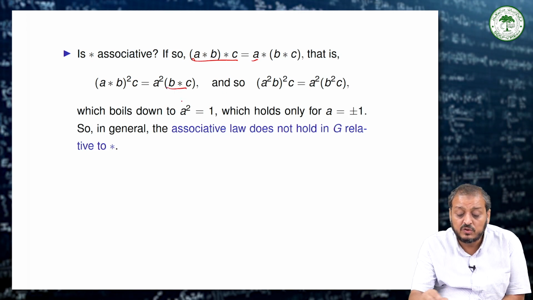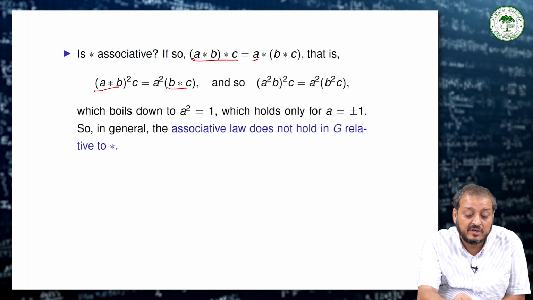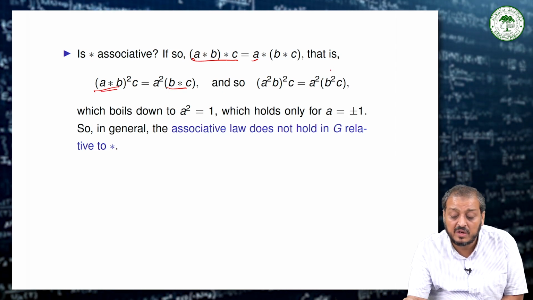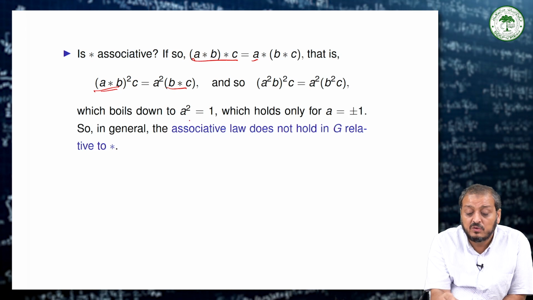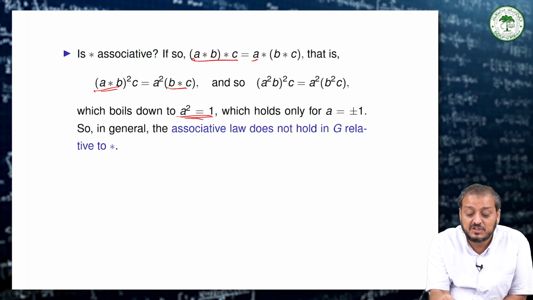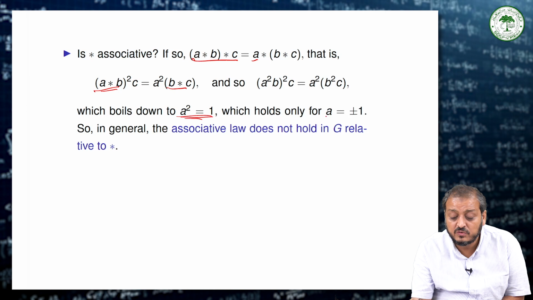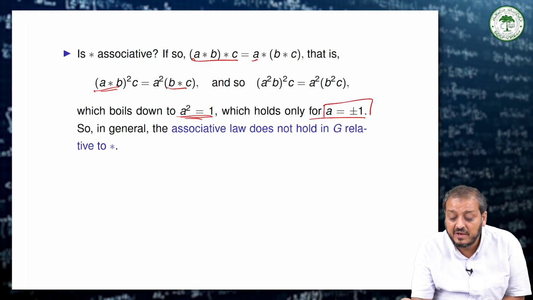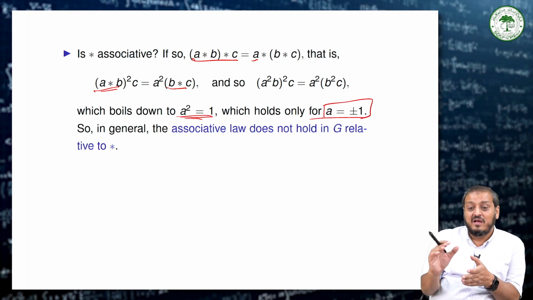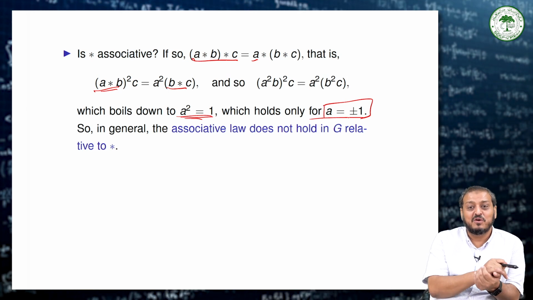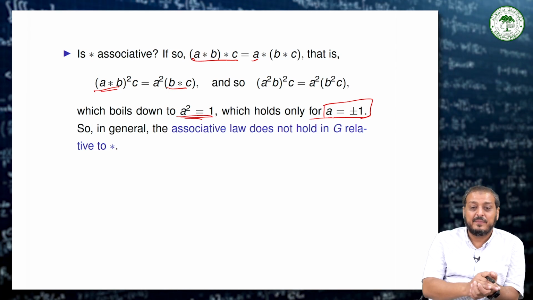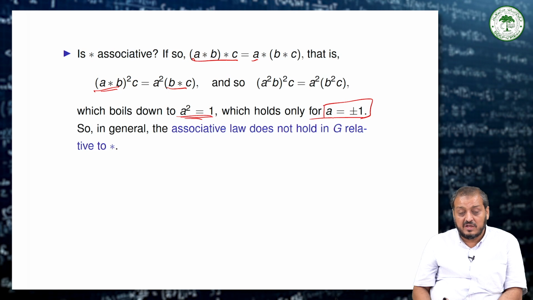If we apply the definition, we get (a square b) whole square into c, and in this case a to the fourth, b square, c. Now this boils down to only one possibility: a square is equal to 1. This is true only in the case a square is equal to 1, which holds only when a is equal to plus or minus 1. So in general, the associativity law does not hold in G relative to this binary operation. This is true only for a equal to plus 1 or minus 1.